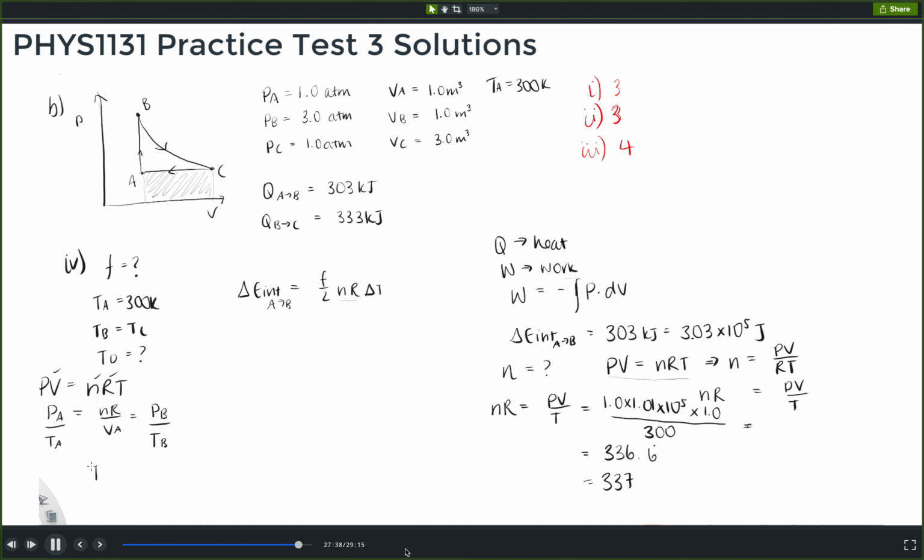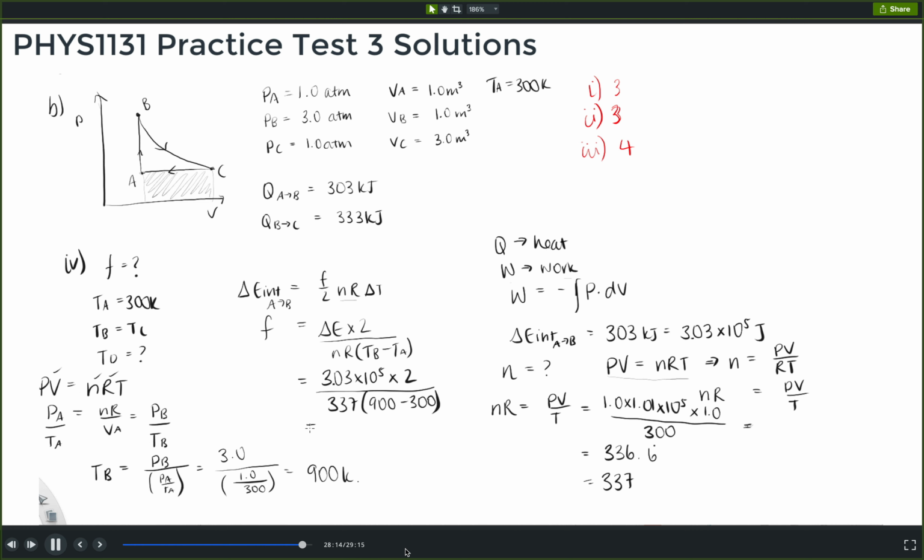We need to work out what the temperature at B is. So if we sub in for this, since we are dividing the pressures, they don't need to be in SI units. So now we basically have everything. Let's rearrange this equation so that F is on its own, because this is what we want. And then when you do that, you get F is equal to 3.